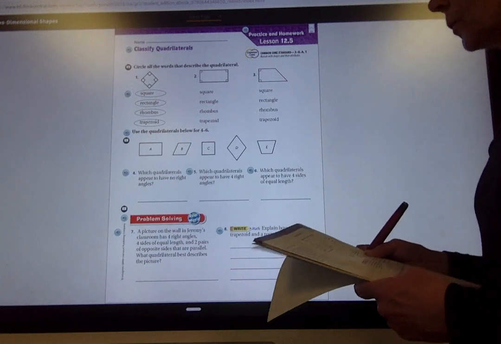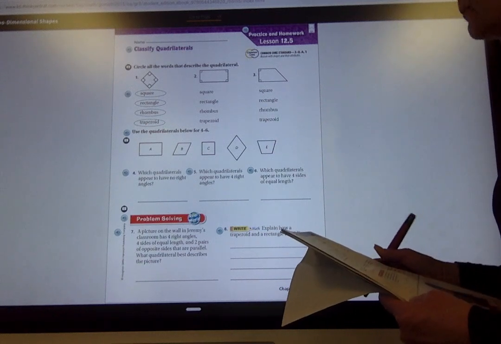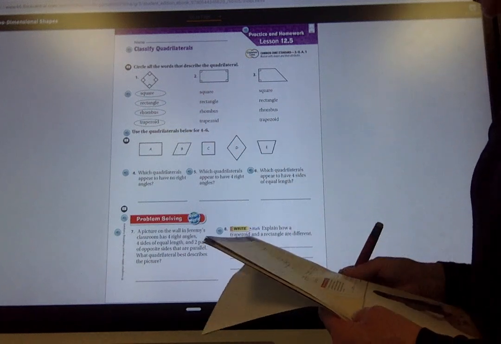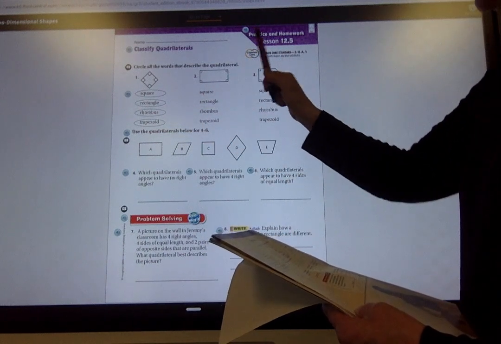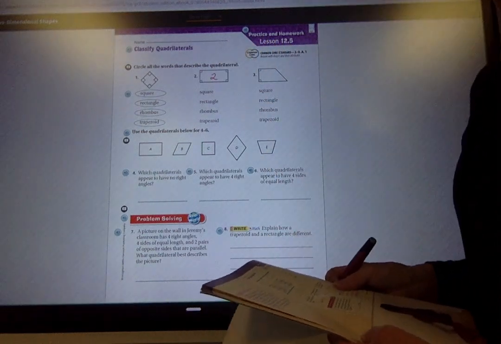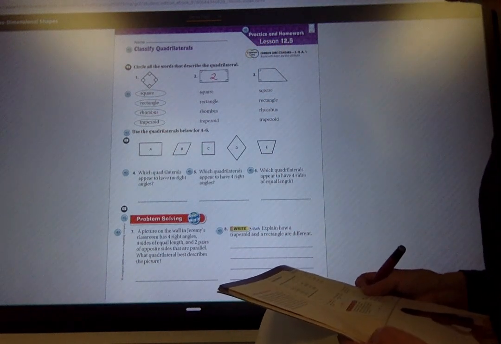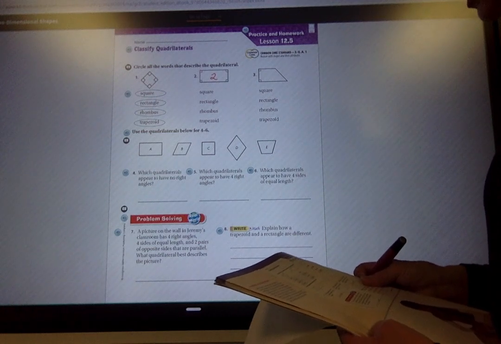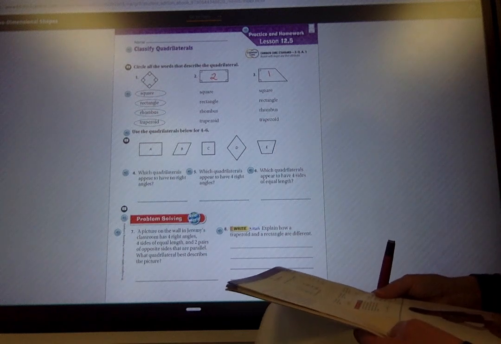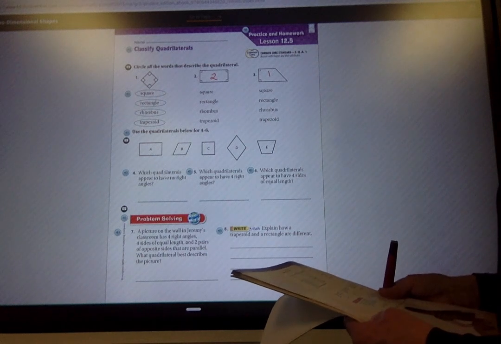It says circle all the words that describe the quadrilateral. This was all four, which is what we just finished doing. Number 2 has two answers. Put a little number 2 up there so you know that you should find two names for that figure. Number 3 has only one name. Okay, that's a little clue for you.